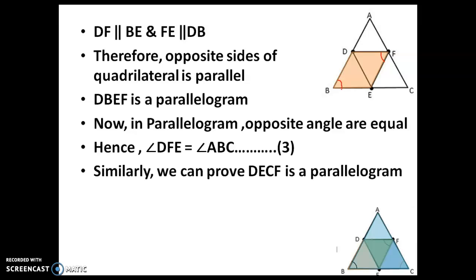Similarly, we can prove for this parallelogram DECF. How do we prove for this one? The same way, this parallelogram also we can prove.